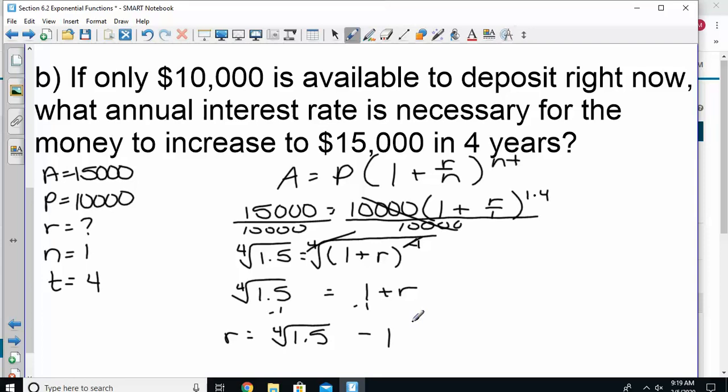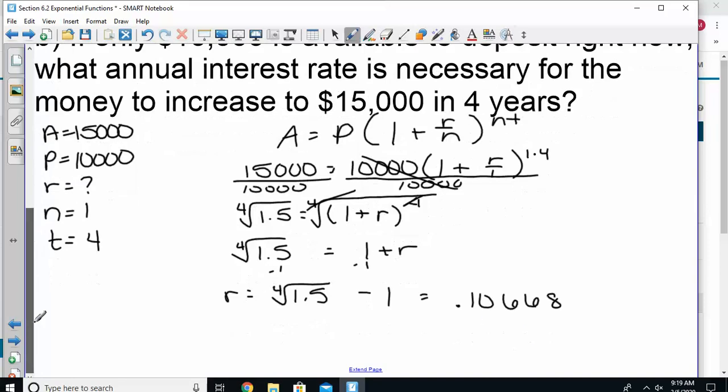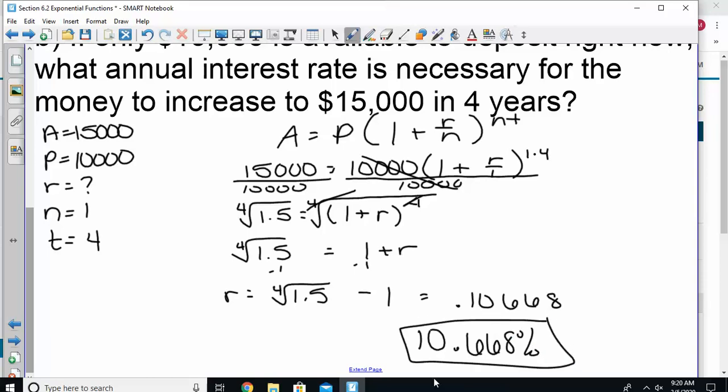Make sure that minus 1 is outside your radical. So I get 0.10668. So in other words, she would need 10.668% interest right now for this investment to work.